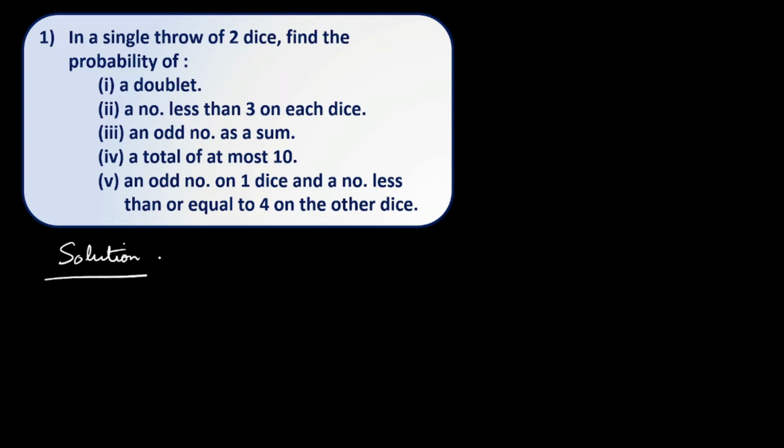What is the first step? First step is to write the number of sample space. So, total number of sample space equals to cardinality, and we denote the set of sample space with S. So, cardinality of the sample space will be, for the single throw of a die, total number of all possible outcomes is 6.